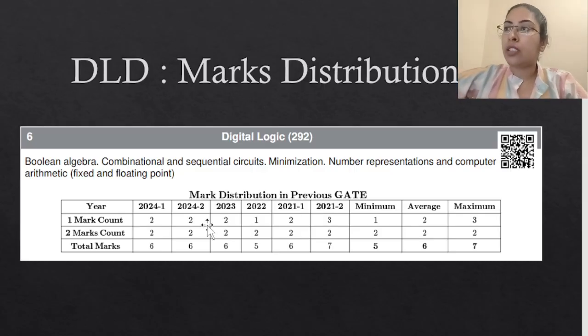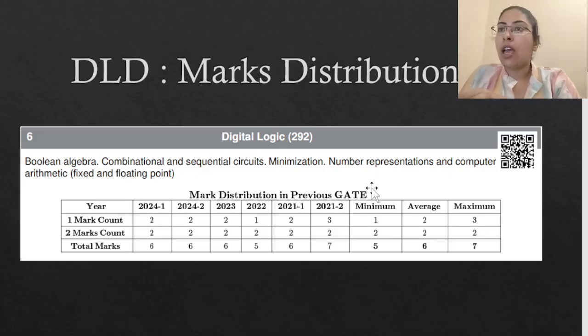DLD marks distribution. What are the important topics? These are Boolean algebra, combinational and sequential circuits, minimization, number representation and computer arithmetic, fixed and floating point. In 2024 set 1, it came about 6 marks.